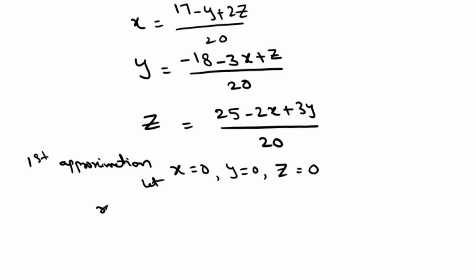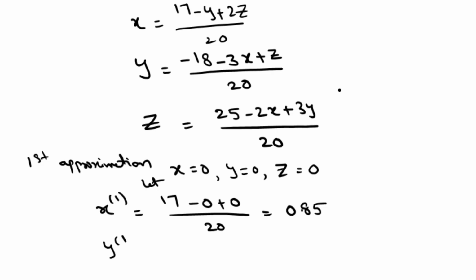Therefore, x in first iteration is equals to 17 minus y is 0 plus z is 0 divided by 20 equals to 0.85.